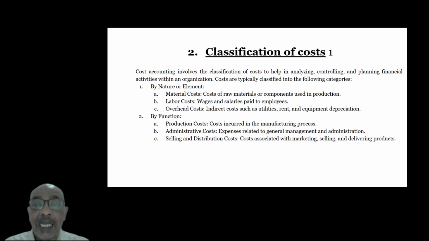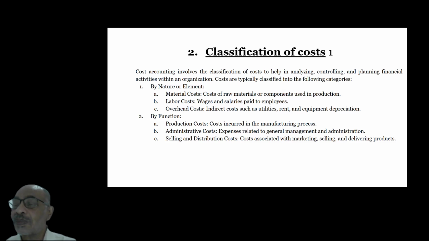Like what? Indirect costs such as utilities. This is indirect cost. We shall know the meaning of direct or indirect. But indirect costs like utilities: electricity is a utility, telephone fees are utilities, water is a utility.